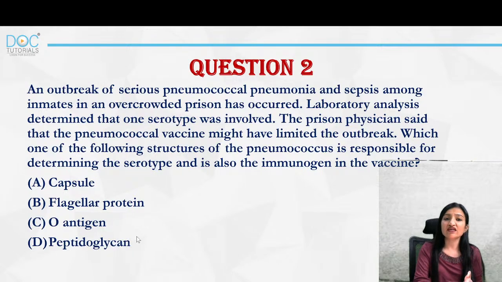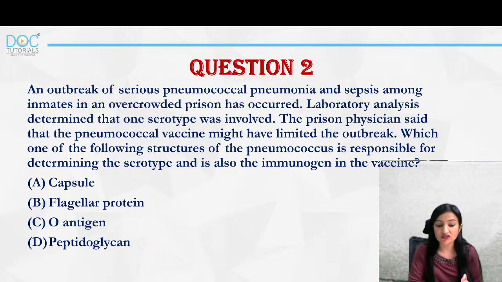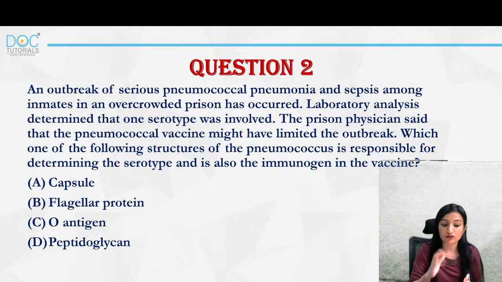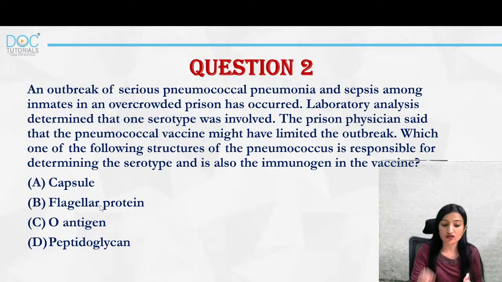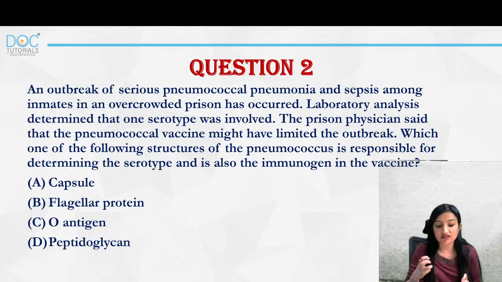Now guys, it is very easy to rule out some options if you know the basics of microbiology. Now capsule definitely is a possible answer in this question, but even if you think option A is the right answer, do have patience to see the other options. Now option B says flagella. Pneumococcus, or Streptococcus pneumoniae, is non-flagellated.